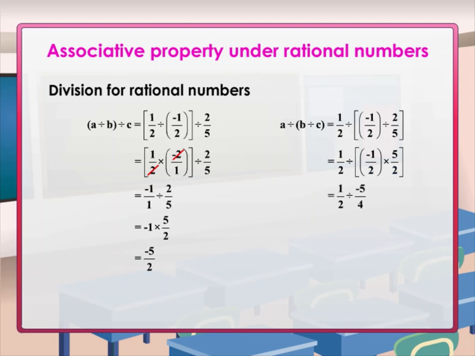So the next step becomes 1 by 2 divided by minus 5 by 4. Again, converting division into multiplication, and when we simplify, we get minus 2 by 5. You can see that these two numbers, minus 5 by 2 and minus 2 by 5, are not equal. And this is sufficient to say rational numbers are not associative under the operation of division.